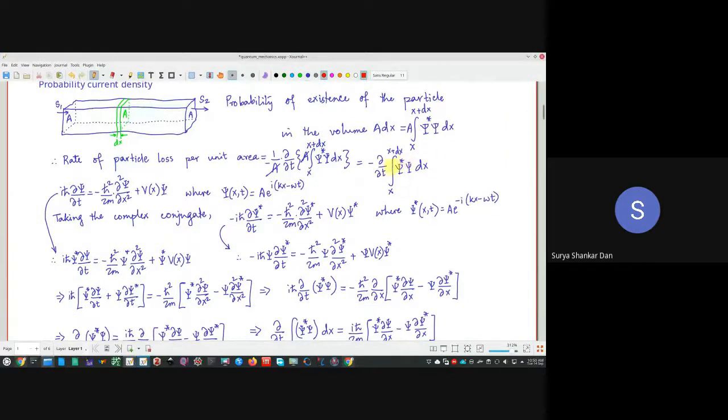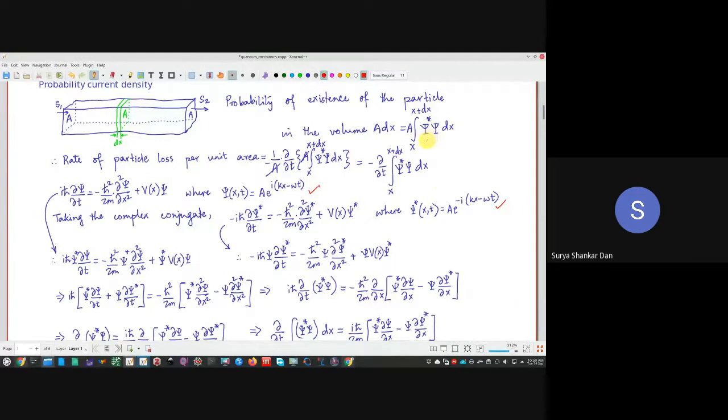Similarly, what is this psi star? Psi is what we have already seen here. For the complex conjugate, star, we will just put one minus sign here, like this. So why are we doing psi star psi?